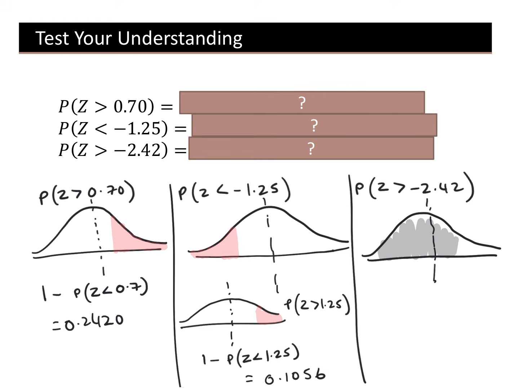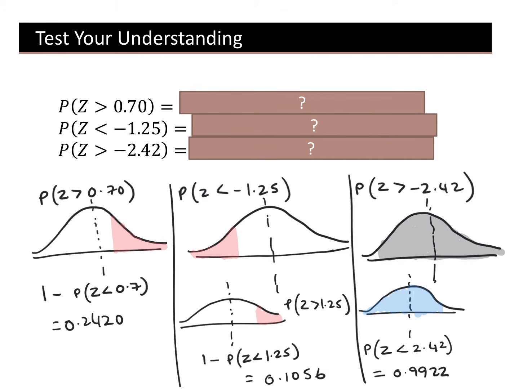And then the last one, we want the probability of z being greater than, so we want this part here. Now, being greater than, we can't do, and it's also a negative, but we know using symmetry that actually this is the same as finding it being less than that number. So in this case, we don't need to do a 1 minus. We just need to find the probability of our z value being less than 2.42, which is 0.9922.